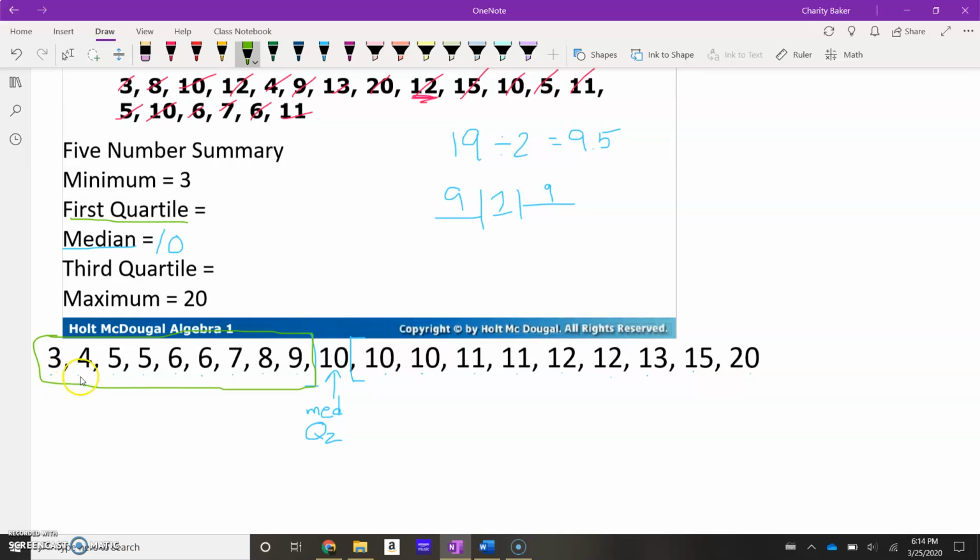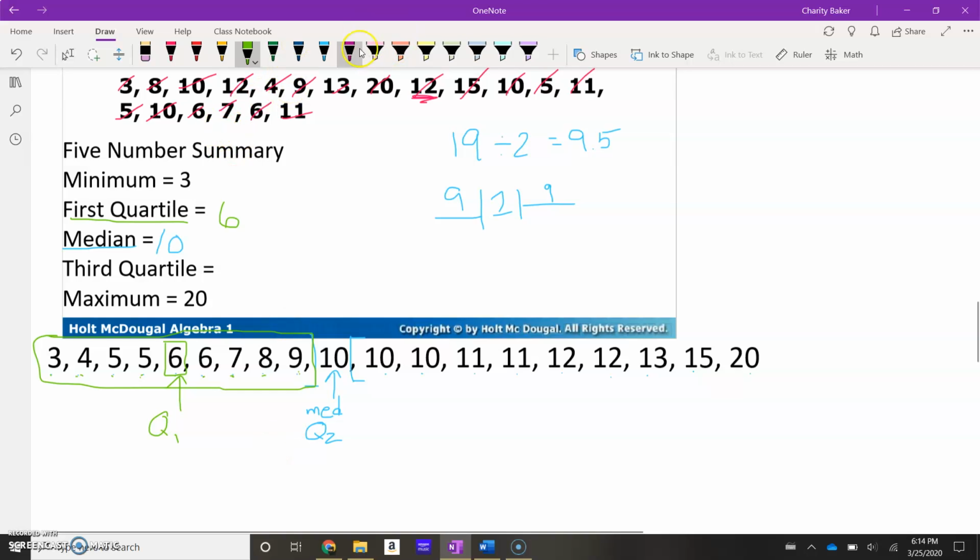So there are 1, 2, 3, 4, 5, 6, 7, 8, 9 numbers. So the middle would have 4 on the left, 4 on the right, and 1 in the middle. So this is your Q1. It's the median of this green box. 1, 2, 3, 4. 1, 2, 3, 4. So this is going to be a 6.